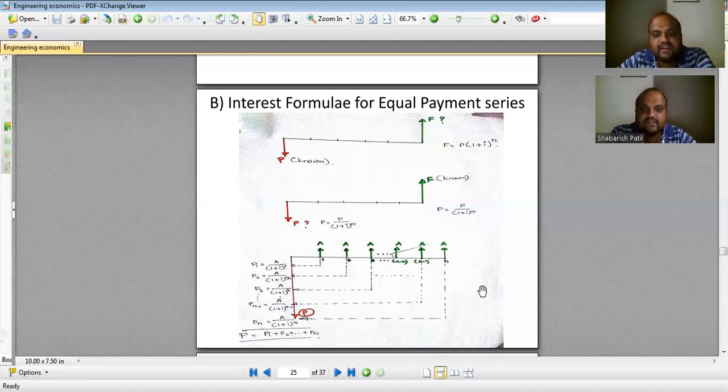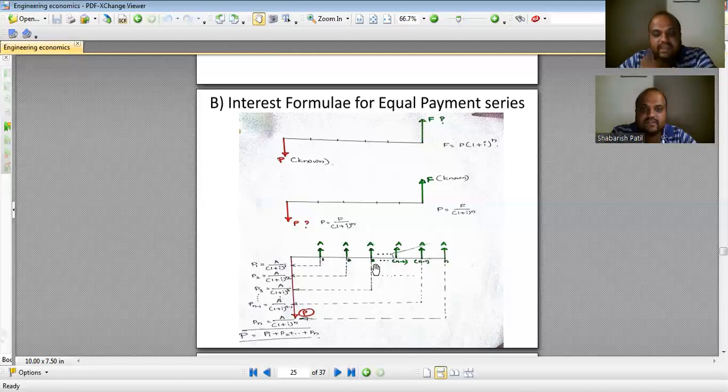This cash flow diagram is like an example. I am investing right now a huge amount in a bank, so that I can draw some constant amount as an annuity at the end of every month. So that is my A value.